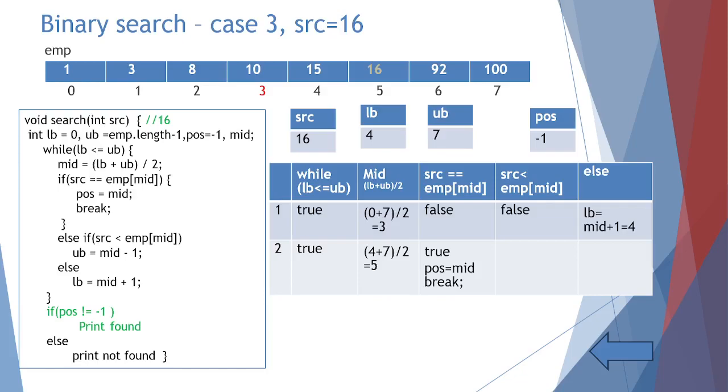First if statement, SRC, that is 16, is equivalent to emp of mid or not. Mid is 5 now. Emp of mid is 16. SRC is 16 and emp of mid is 16 in the array. So position is equal to mid. Position is 5 and then break. So this is the third one.